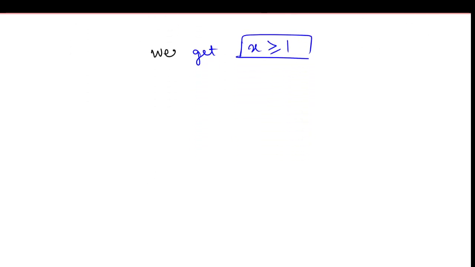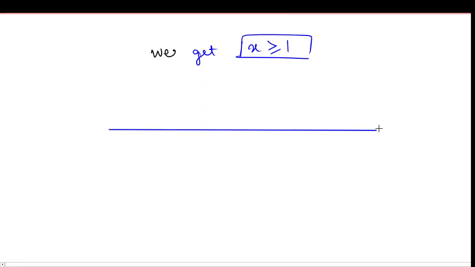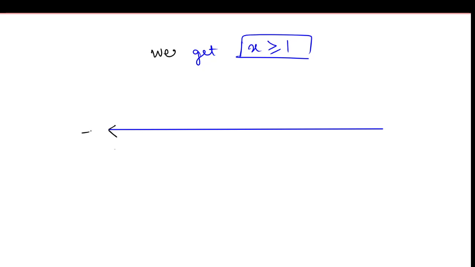So again we plot a number line. This is the negative x-axis and this is the positive x-axis. This is 1 and this is the solution set of all the values greater than or equal to 1.